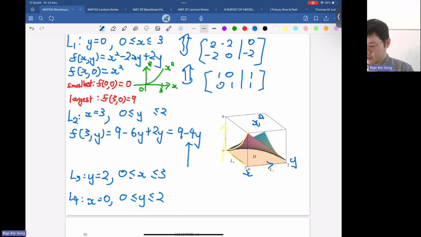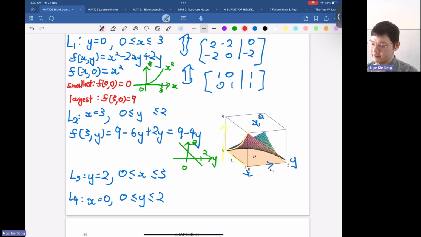So let's draw the graph out also. So you have y on the x-axis, and then you have z on the vertical axis. Okay, and then where's 9 minus 4y? So you have this direction. Okay, but you just look for y from 0 to 2, for example.